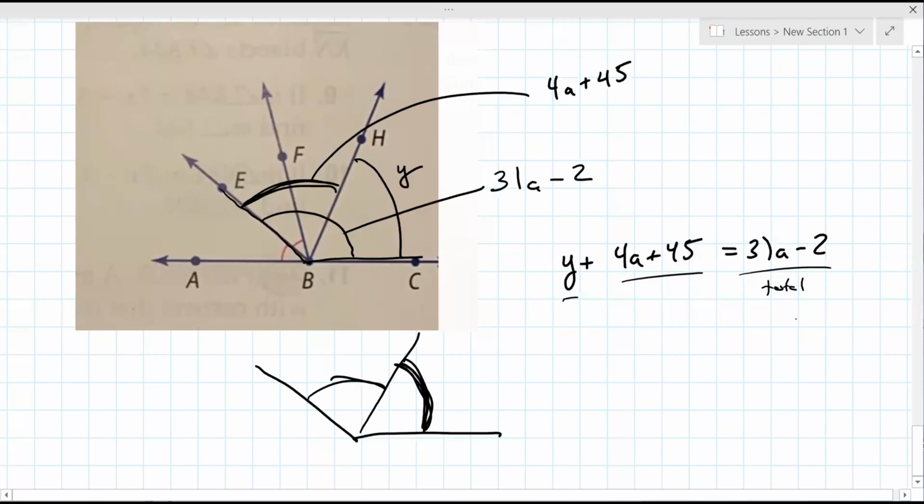Now, what's concerning to me is I can't decide, and you could probably help me if you look back at example 3, if you're supposed to reuse numbers from the previous problems, or if they want you to just find this in terms of A, or if they want you to actually find the value of A. I think they probably do, but I just wanted to know that as well.